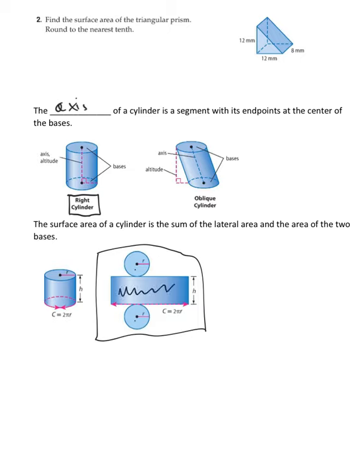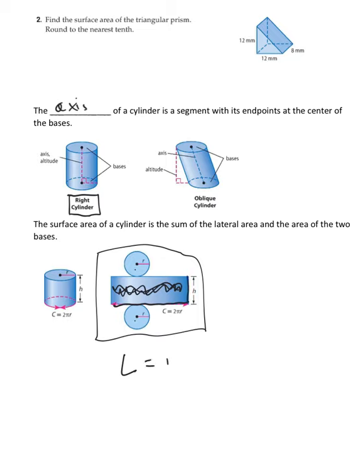It's a rectangle that goes around a cylinder. So the surface area is going to be the area of that rectangle, which is the circumference of the circle, 2 pi r.